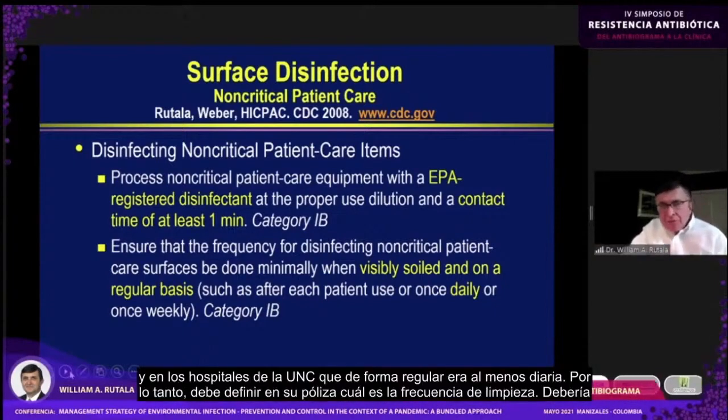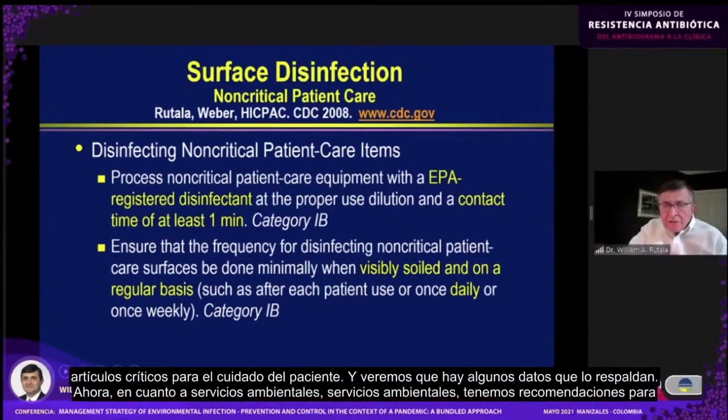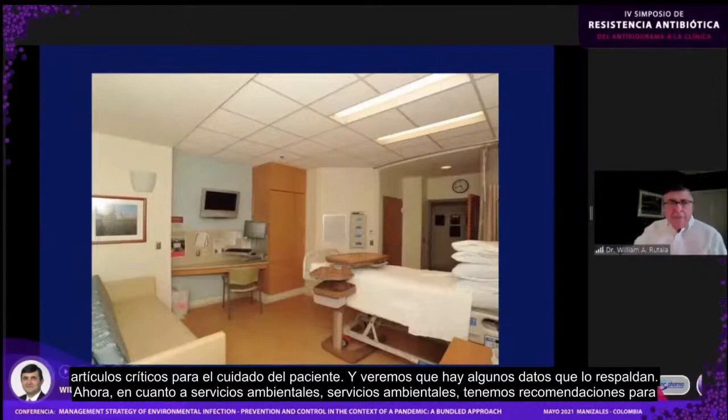At UNC hospitals, that regular basis was at least daily. So you have to define in your policy what the frequency of cleaning is. Many hospitals have chosen a daily frequency for disinfecting these non-critical patient care items. And we'll see that there is some data that supports that.